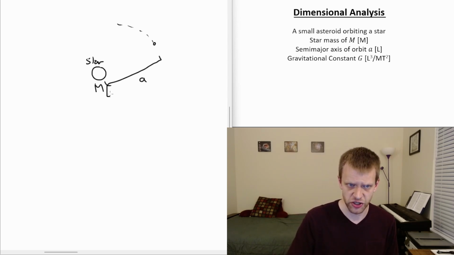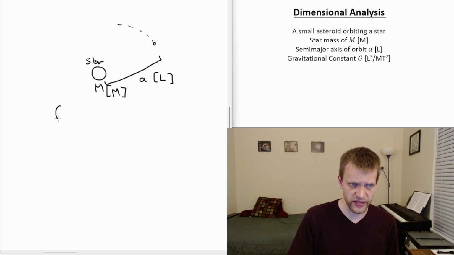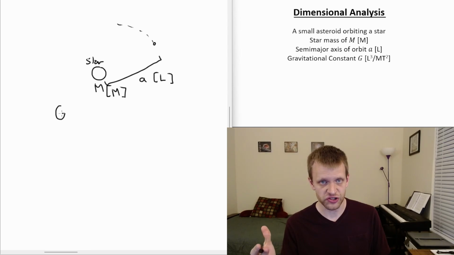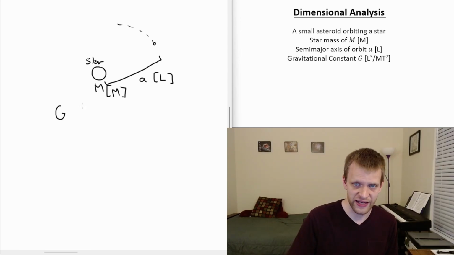So again, mass is going to be just a mass. That semi-major axis is going to be a length. And it's going to depend on gravity. And we talked about in that dimensions and units video that the gravitational constant has units of length cubed divided by mass times time squared.